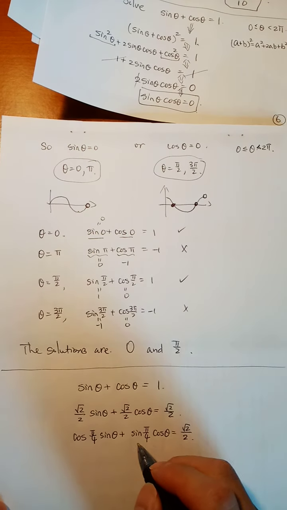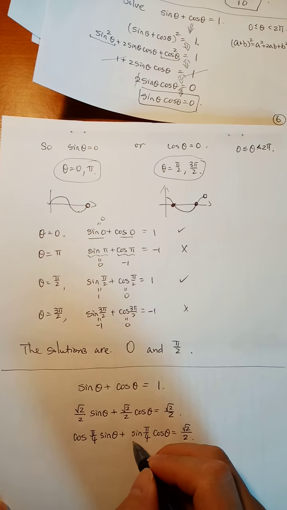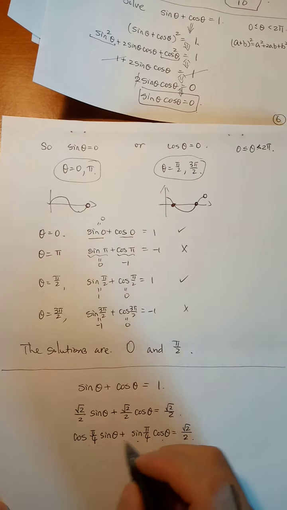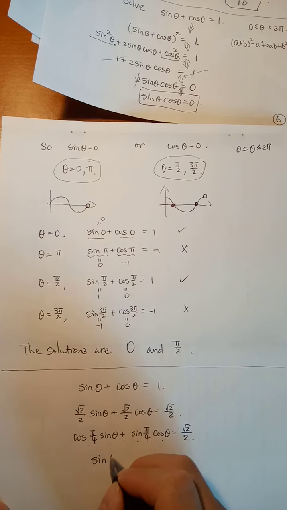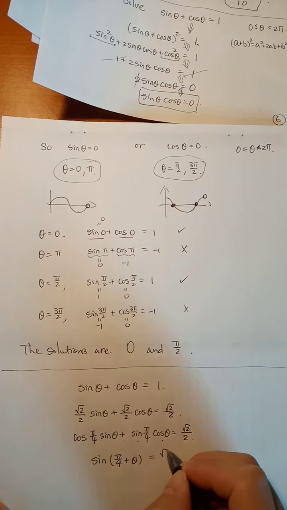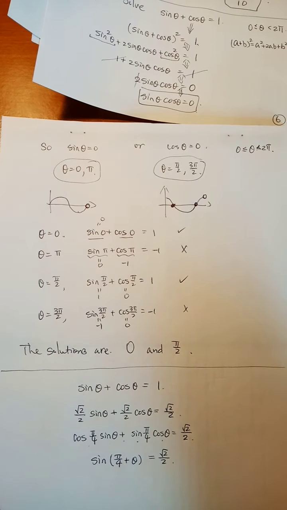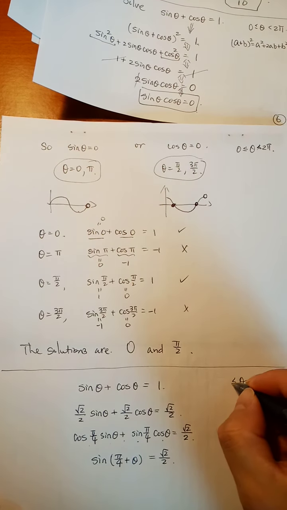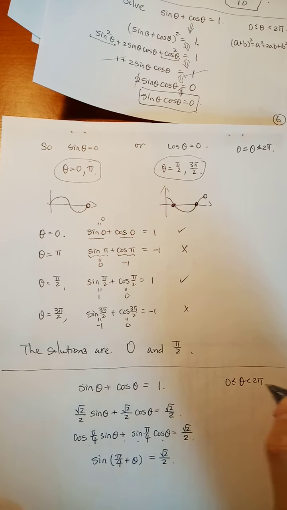And now you see, the left hand side is sine alpha cosine beta plus cosine alpha sine beta. This is equal to sine of pi over 4 plus theta. And remember theta is between 0 and 2 pi.